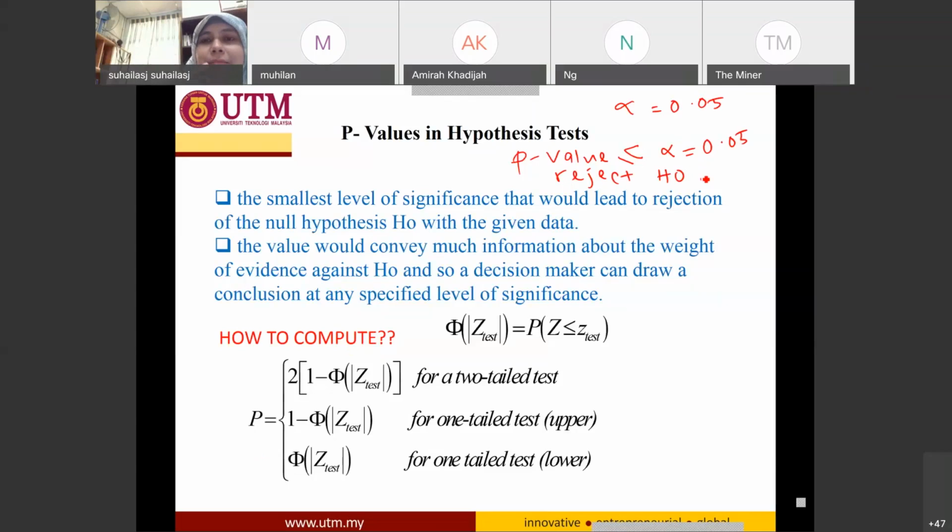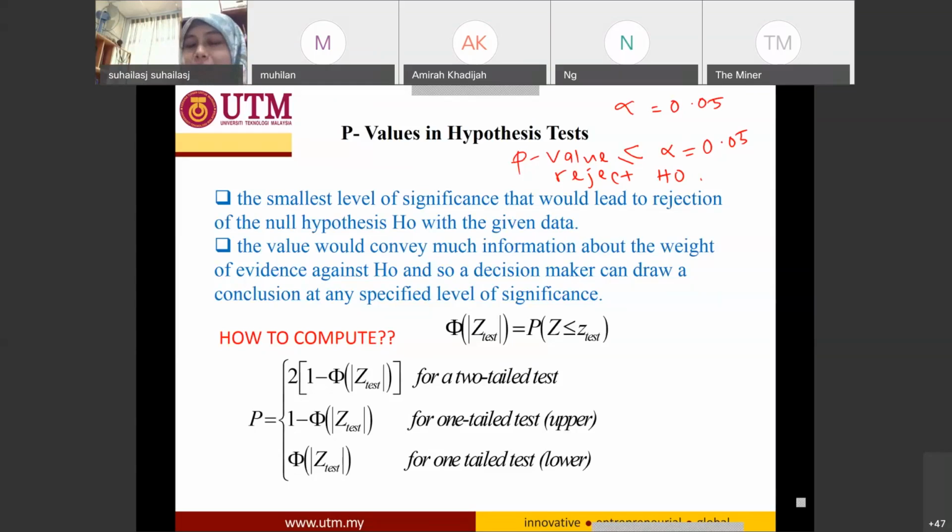Tu kena ingat. Kalau p-value kita lebih kecil ataupun sama dengan alpha, kita reject the null hypothesis. Otherwise, kalau p-value kita lebih besar pada alpha, we will fail to reject our null hypothesis. Only reject H0 bila p-value kita less than or equal to alpha.